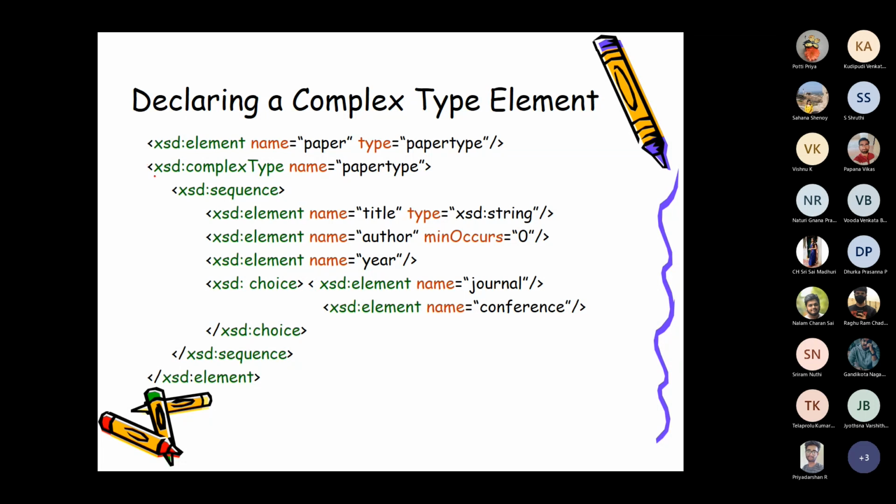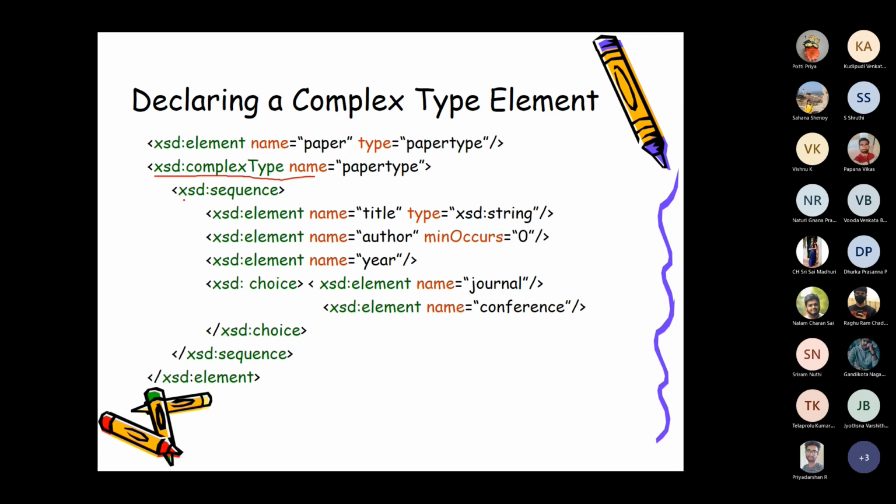The declaration starts from XSD complexType, name equal to paperType, and the closing part will be here. I should have an XSD complexType closing. I think I have missed it. We'll see some other examples also.